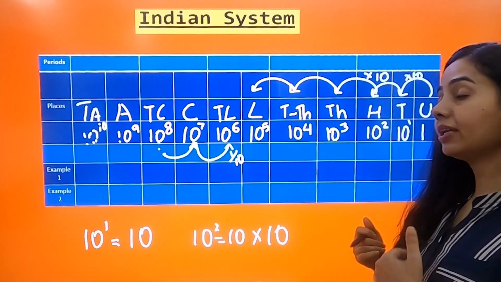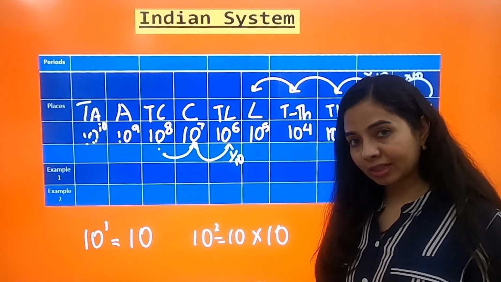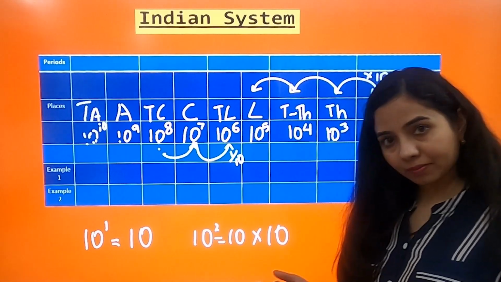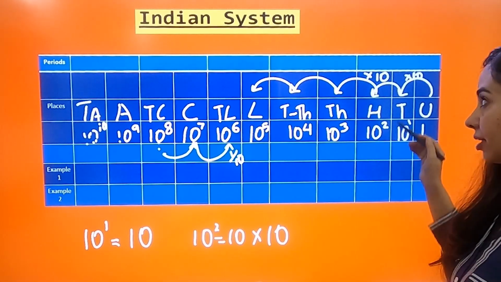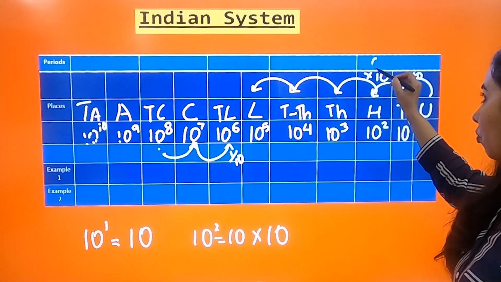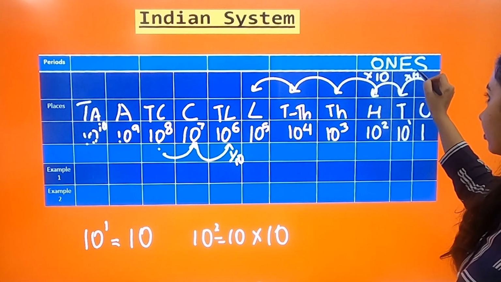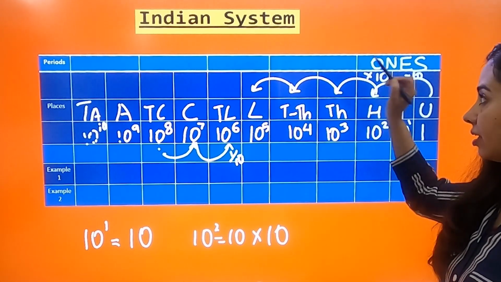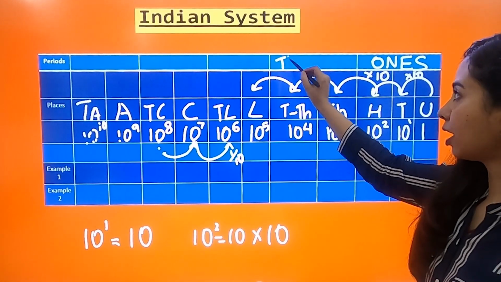Now, in the Indian system, these places are again divided into periods. The first three places, units, tens and hundreds, come under ones period. Thousand and 10,000 come under thousands period.